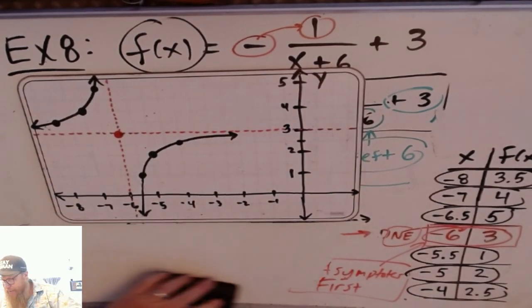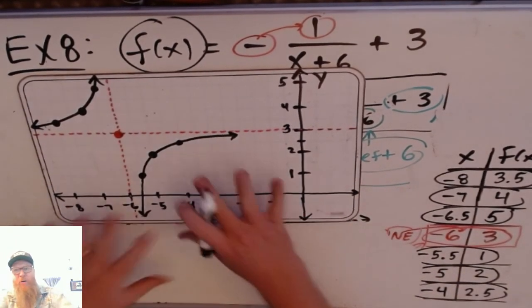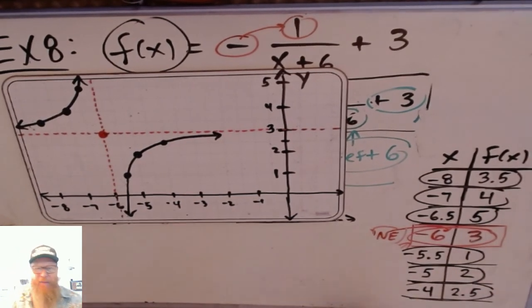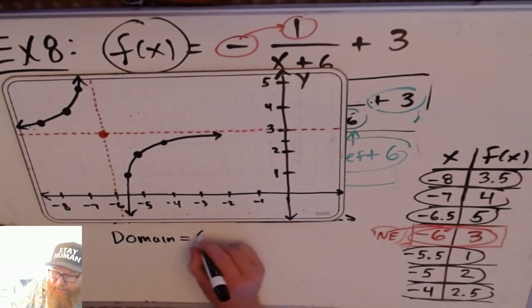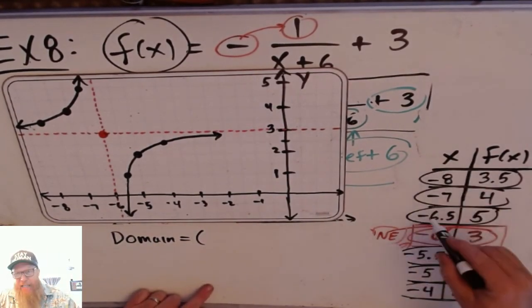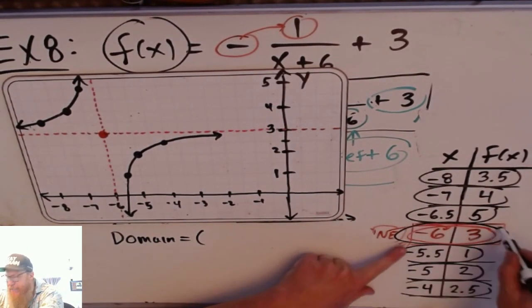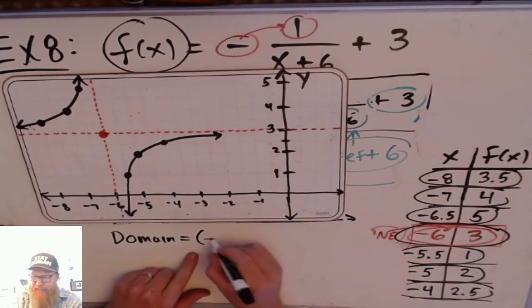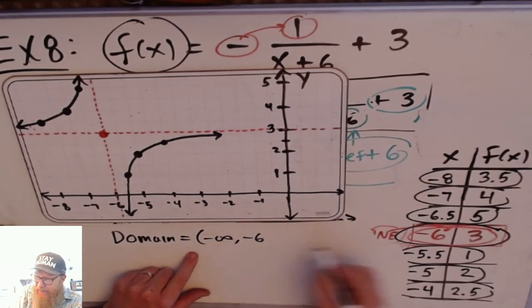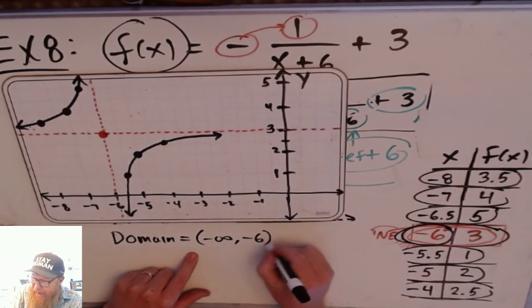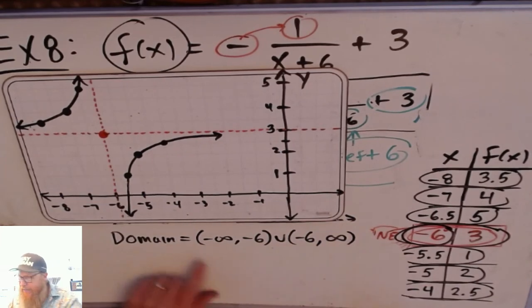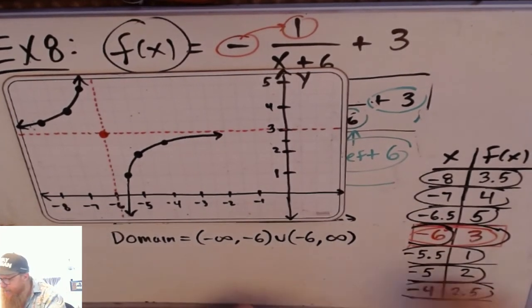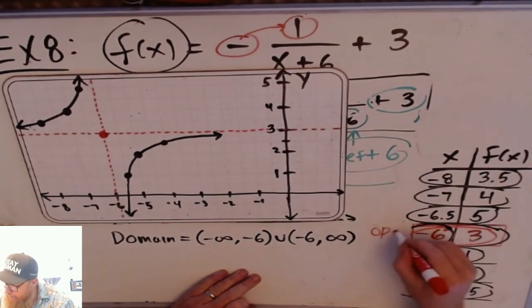And so this is your transformed function. I might ask you for the domain and range. The domain is all of the x values except the DNE. All right, the DNE means it does not exist. So negative infinity to negative 6, union, negative 6 to infinity. Does not exist means open.